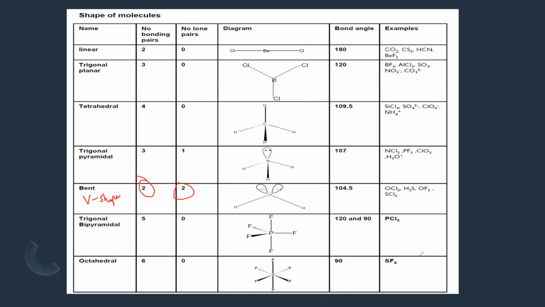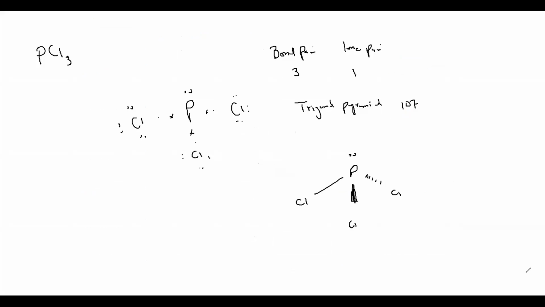When we predict the geometry for water, when you draw the dot and cross diagram for water, oxygen is the central atom, and hydrogen is surrounding it.